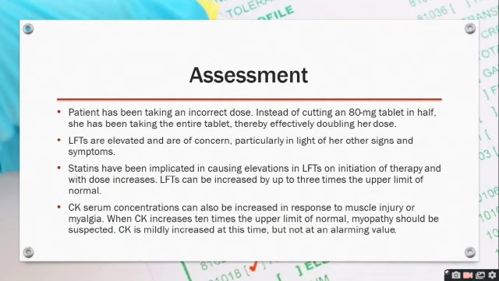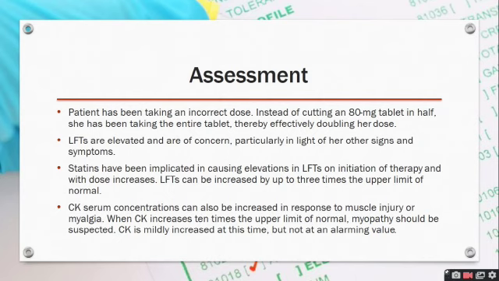We have also seen that the creatine kinase serum concentration is increased, as it is not in the range of less than 150. But if the creatine kinase is increased 10 times the upper limit of normal, and the upper limit is 150 here, then myopathy is suspected.